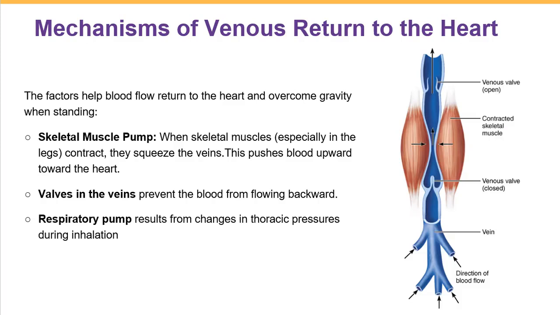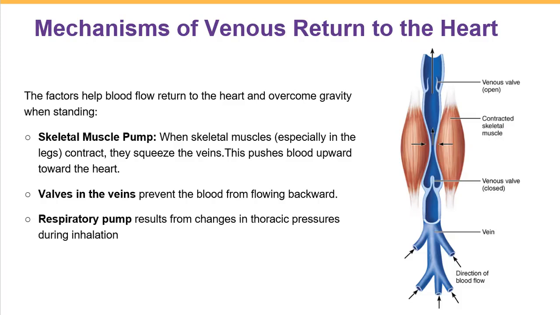Also the blood pressure in the veins is so low, and in some areas it is just zero. So the blood itself cannot be pushed toward the heart, especially from our lower limbs, and it also has to overcome gravity, especially when we are standing. How can this blood return from the veins back to the heart?